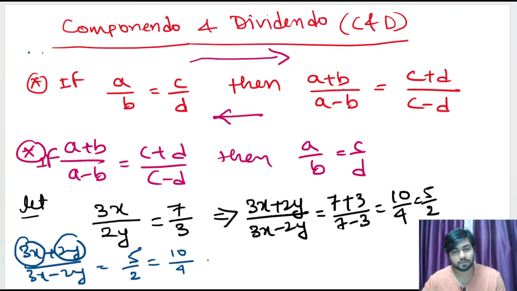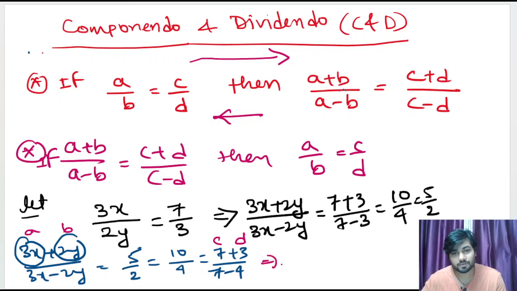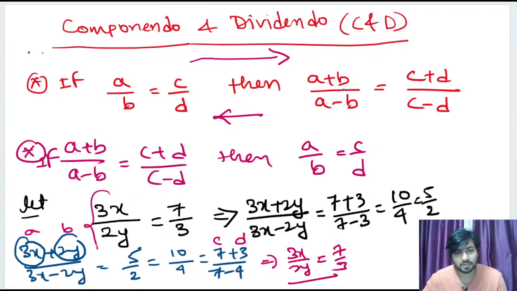Multiplying 2 by numerator and denominator, and I can again write it as 7 plus 3 upon 7 minus 3, which means simply that this is my A, this is my B, this is my C, and this is my D. So I can directly write from here that 3x upon 2y is equals to 7 by 3. That is from where we started. We started from here only, right?